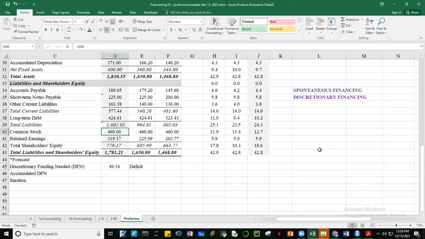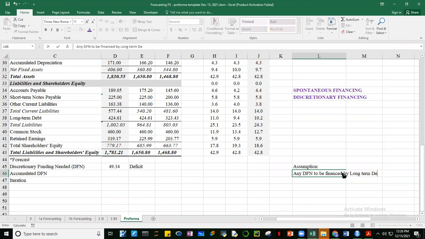So for our purposes, we will just assume, lagyan natin dito ang assumption natin, any DFN to be financed by long-term debt. Okay, so these are assumptions. Any discretionary funding needed, pag kulang yung financing natin, it will be financed by long-term debt.